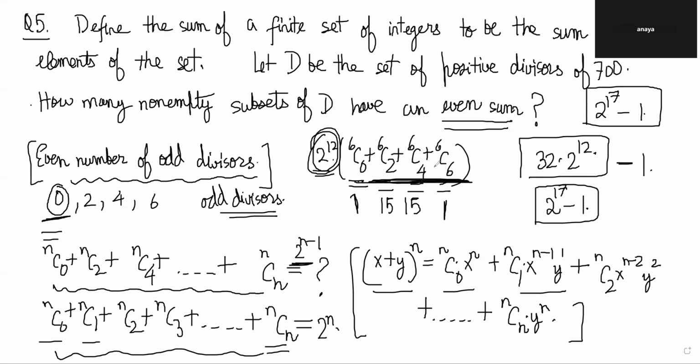We can't select an odd number of odd divisors, because then the total sum would not be even. So odd divisor cases are 0, 2, 4, 6. There are six of them. We have four cases. For even divisors, we don't have any restrictions because we can select any number of even divisors. There are 12 of them. For each, you have a choice of either selecting or not selecting.